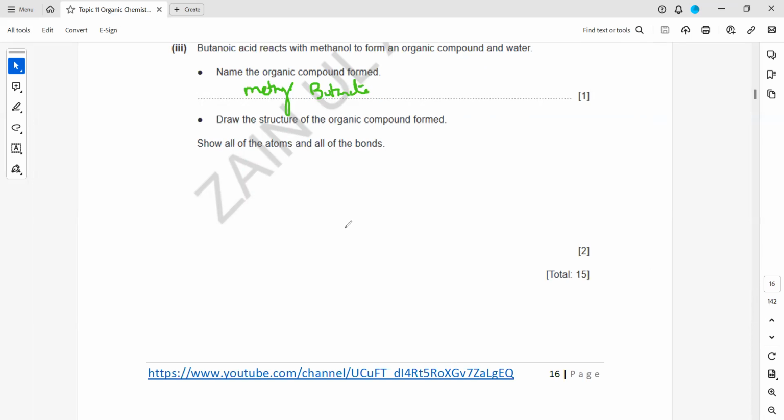How to draw the structure of an ester? First, you draw C double bonded with O. Oxygen can be on the right hand side or on the left hand side. Meth means 1 carbon. So the part which is attached with oxygen we name first. So meth means 1 carbon, so it will have 1 carbon. But means 4 carbon, including this one: 1, 2, 3, 4.